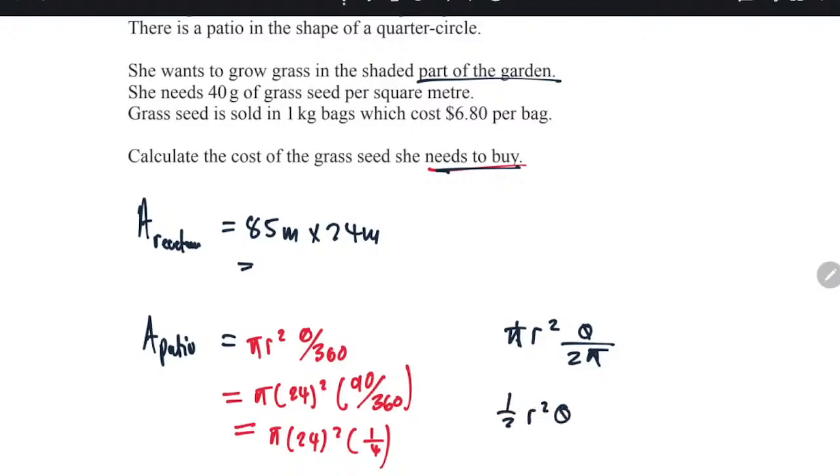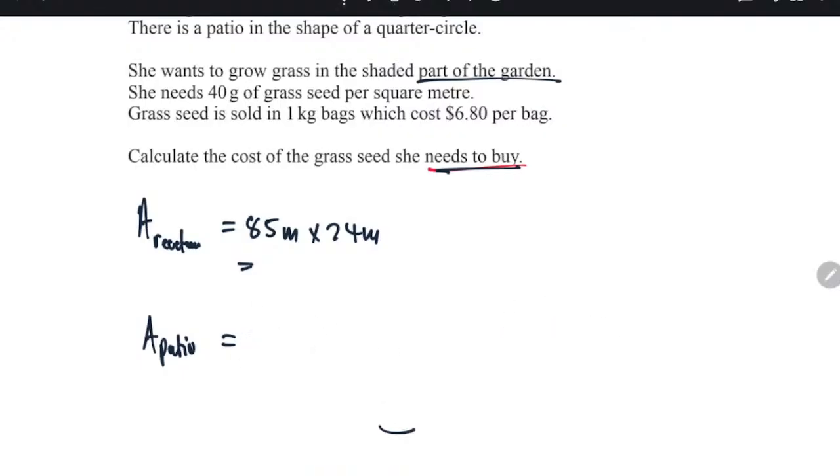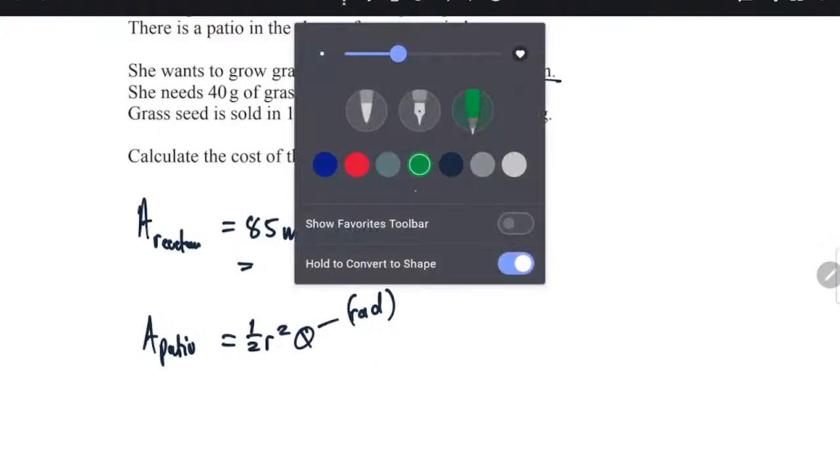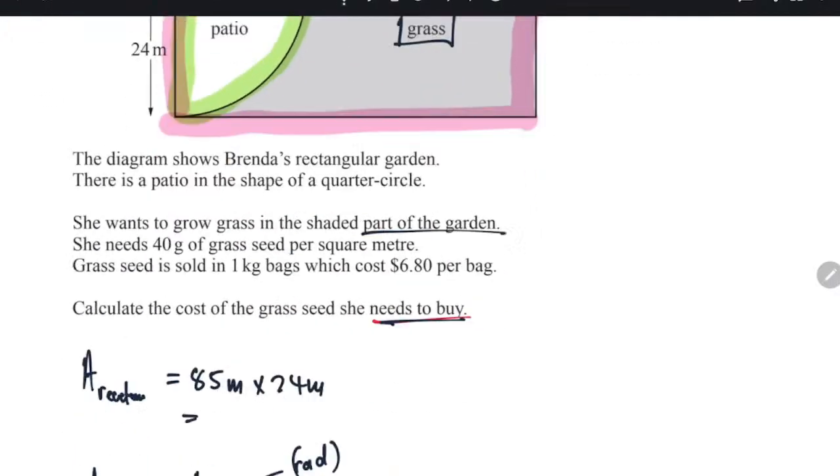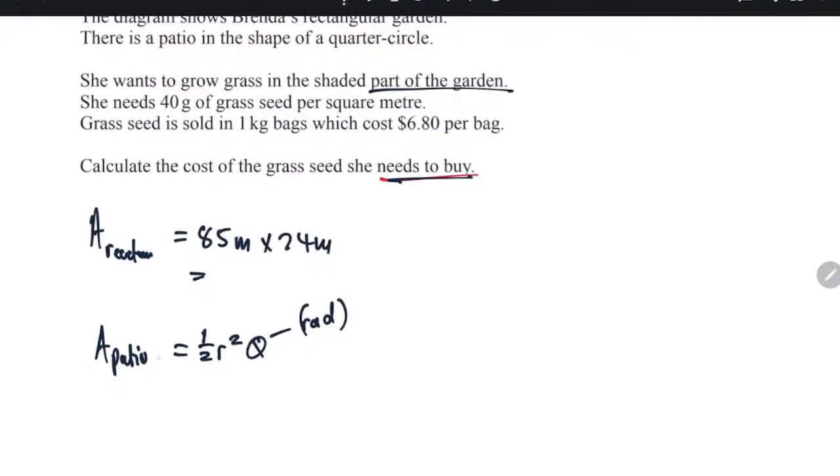Here is another way of getting area of a sector. Instead of pi r squared this, you can just say half r squared theta. But theta should be in rad. So just know area of a sector is half r squared theta, but it should be in rad.